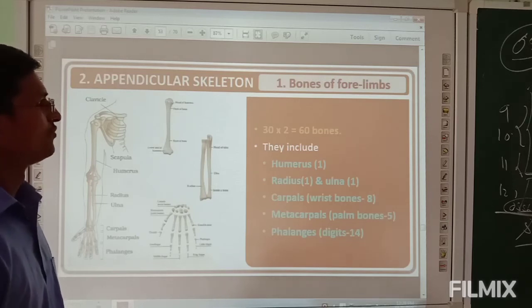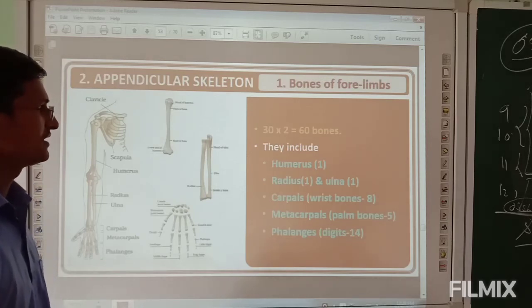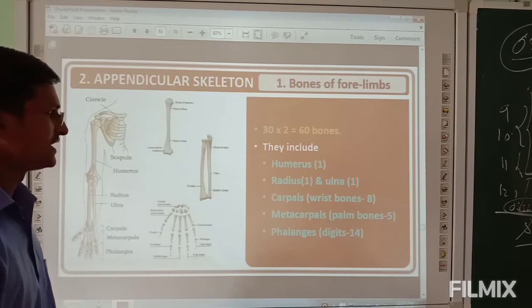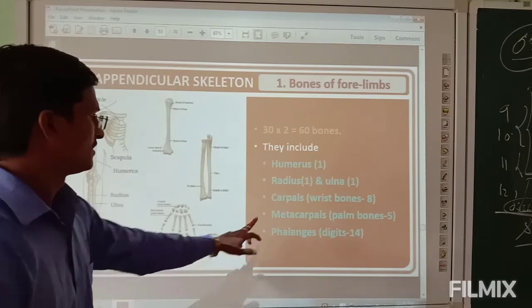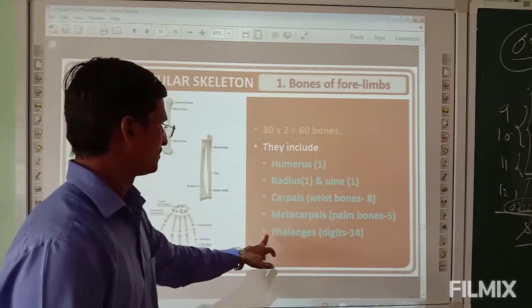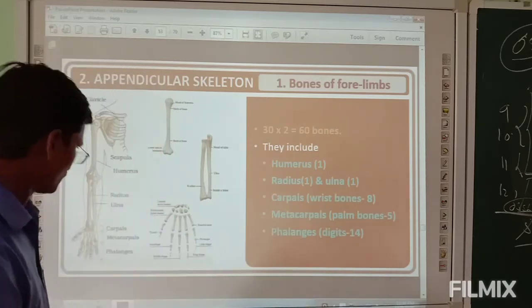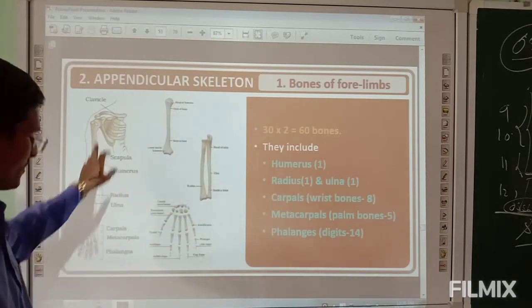Now the bones of the forelimbs, 60 bones are there: humerus, radius and ulna, carpals, metacarpals and phalanges. So you are aware of this type of bones.